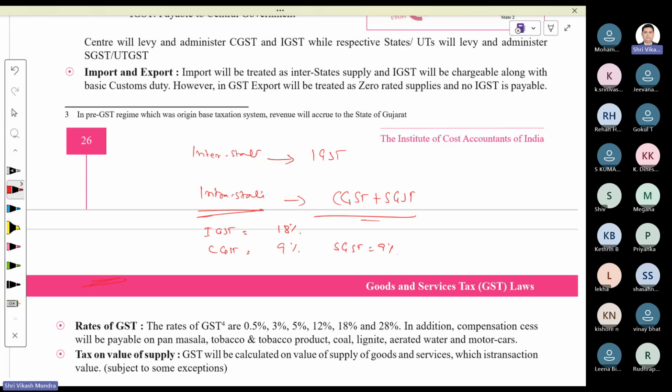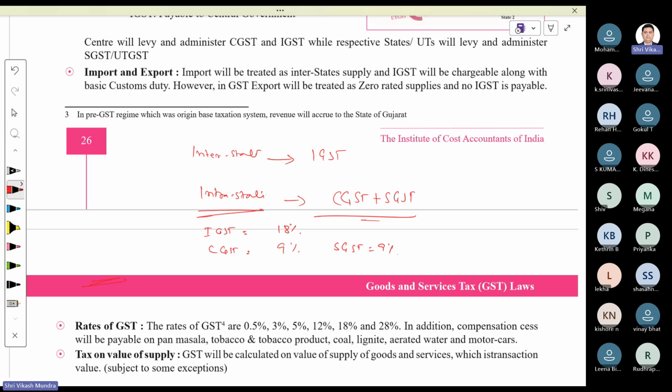In case of interstate transaction, the rate of GST is 18%, but which type of tax is applicable? On this, IGST, called Integrated Goods and Service Tax, is applicable. On the other hand, if the transaction is intra-state, then the CGST and SGST model would be applicable, which is just half of the IGST rate each.